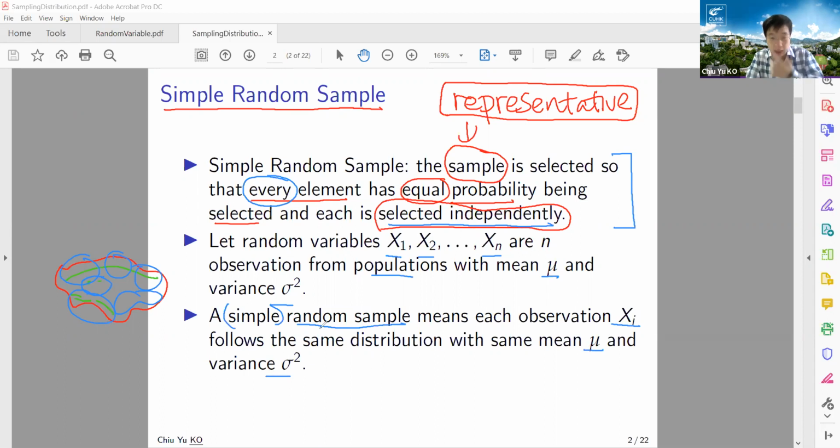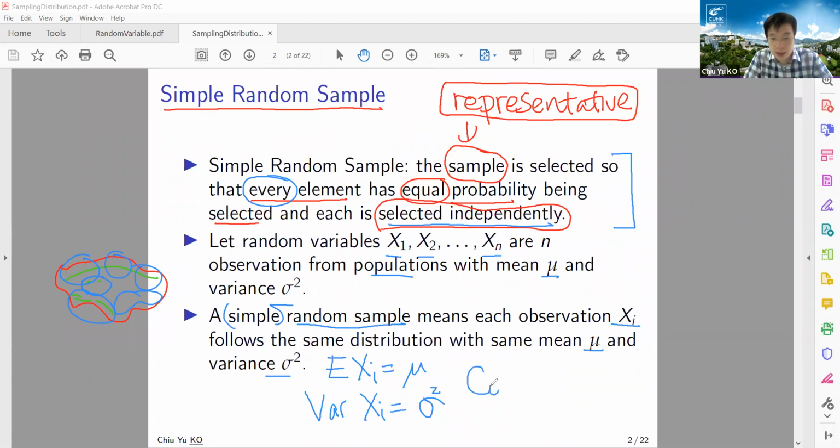Mathematically that means the expected value of Xi is mu and the variance of Xi is sigma squared. So there's no i here. Every observation has expectation mu and variance sigma squared.